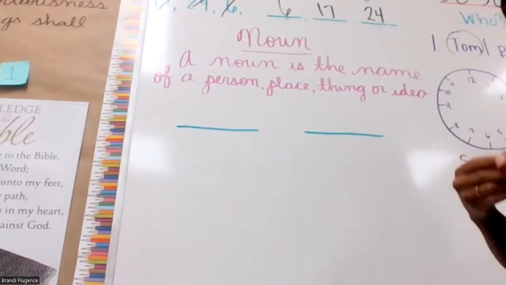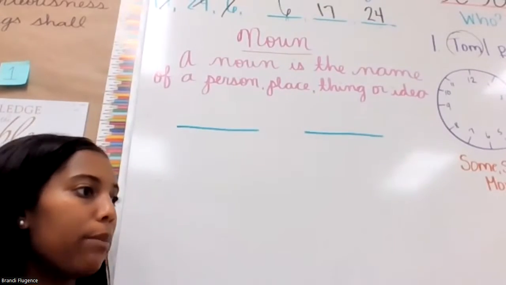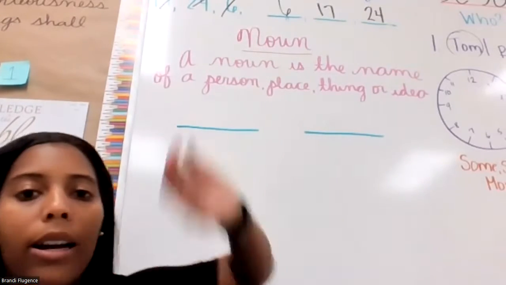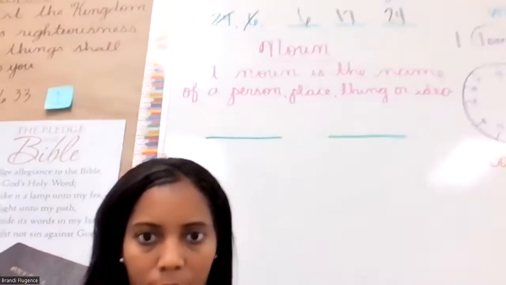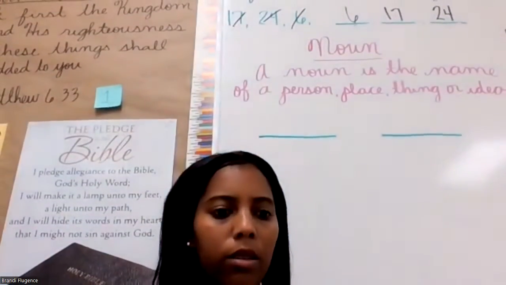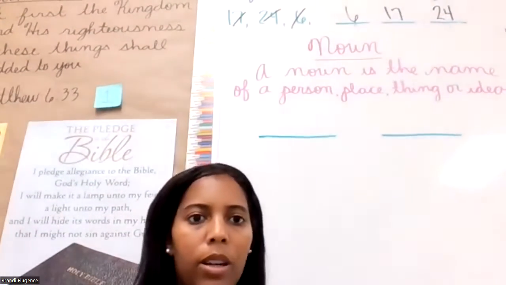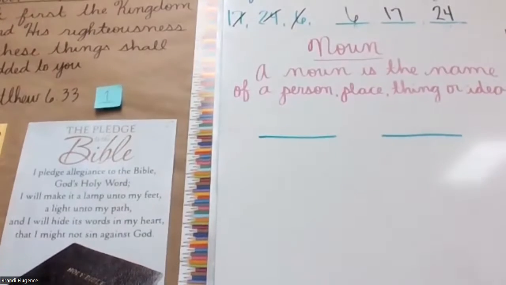Okay, so go ahead and write that on your paper, unless you already have it. If you do, then you're good. But if not, then you'll need to write it. A noun is the name of a person, place, thing, or idea. All right, I'll give you a couple of minutes. You should be able to write this fast now.